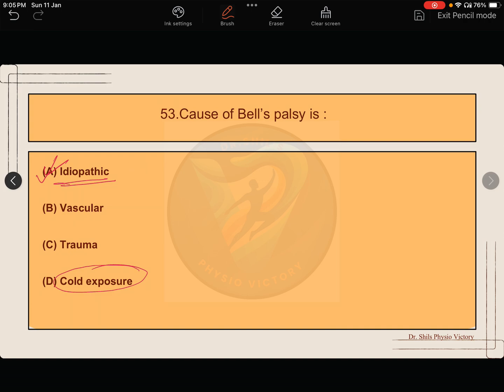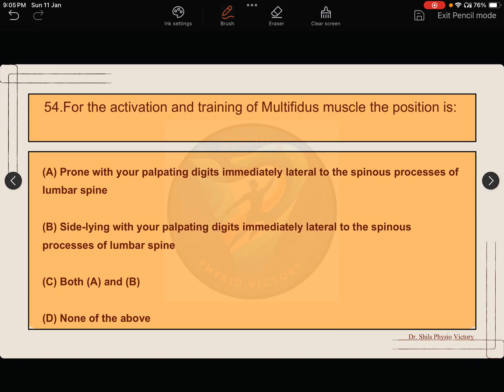Next, come to question number 54. For the activation and training of multifidus muscle, the position is option A, prone with your palpating digits immediately lateral to the spinous process of the lumbar spine.